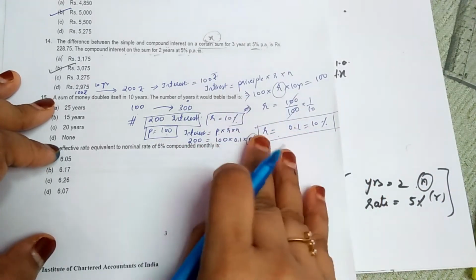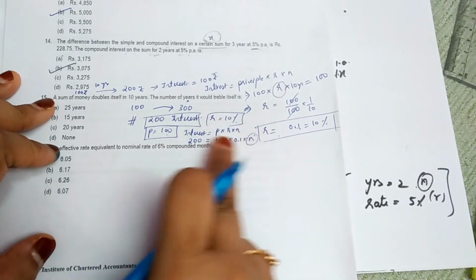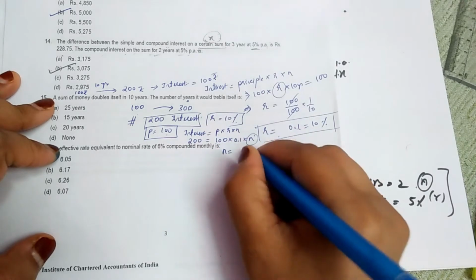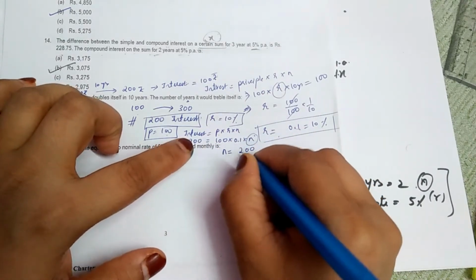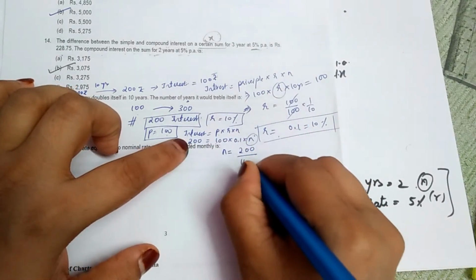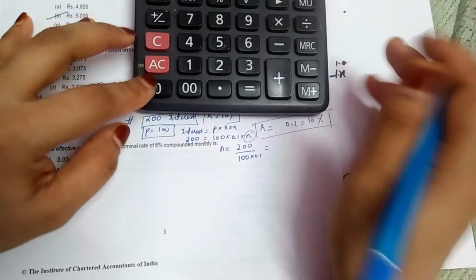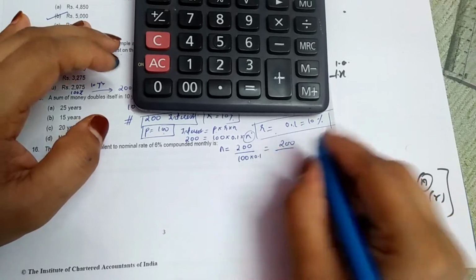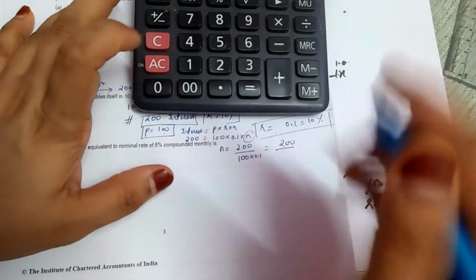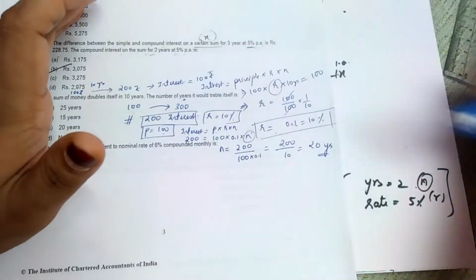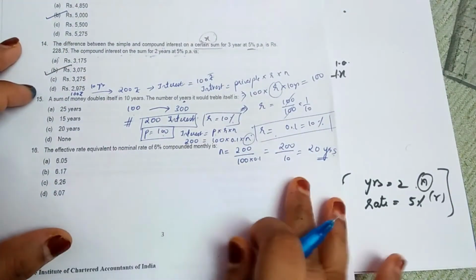So keeping n on one side, sending all the other numbers to the other side, n is equal to 200, keeping 200 on the same side, and 100 into 0.1 goes in the division. Now simple calculation, 200 divided by 10 is nothing but 20 years. Wasn't that very simple?